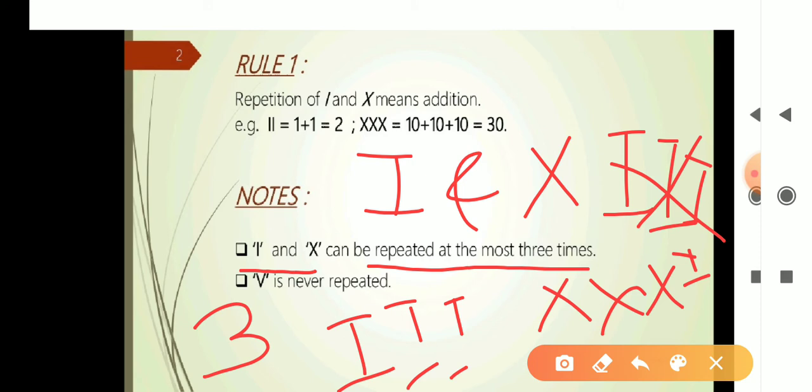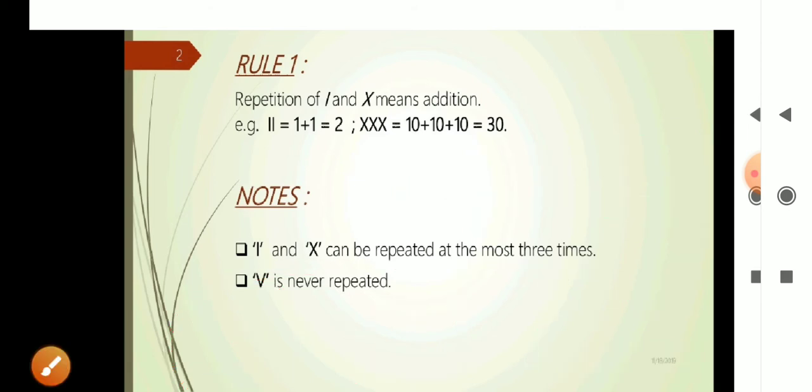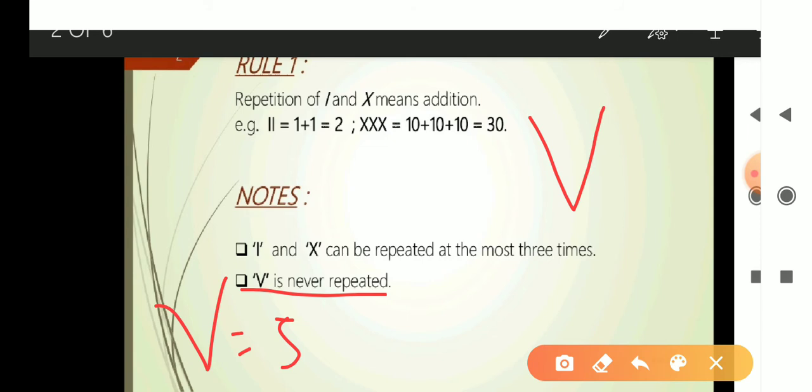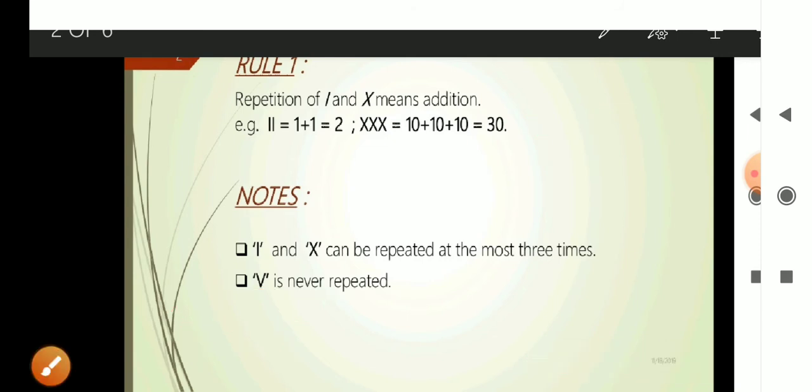And V stands for 5, right? This V is never repeated. V is used only once. This is the repetition rule.